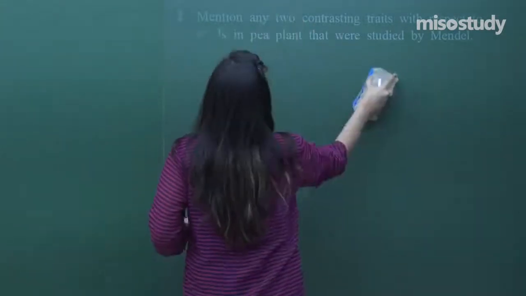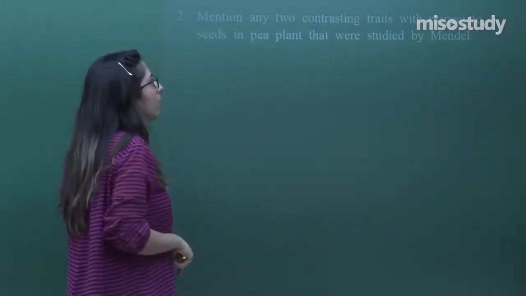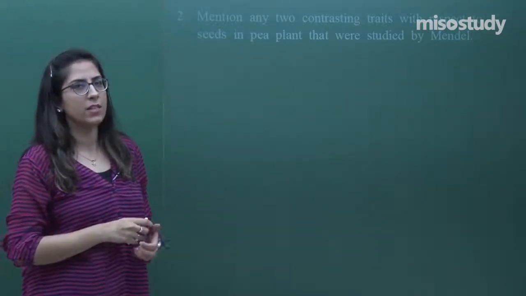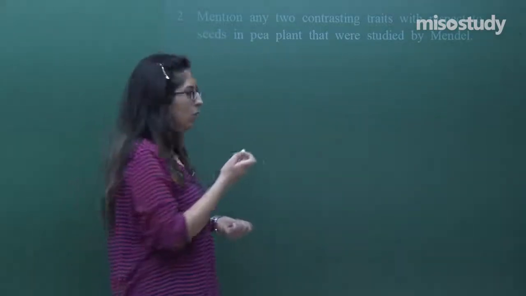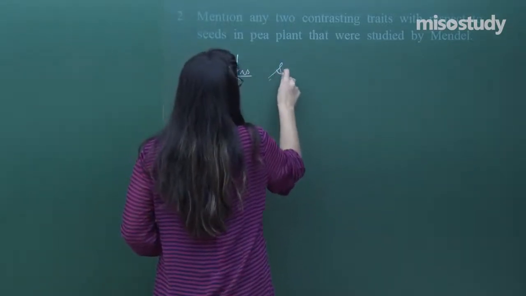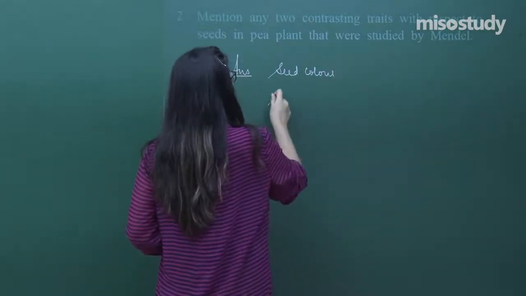Mention any two contrasting traits with respect to seeds in a pea plant that was studied by Mendel. Mendel is considered as the father of genetics. So he studied around 7 different characters and we have to explain only 2. So you can write seed color and seed shape.